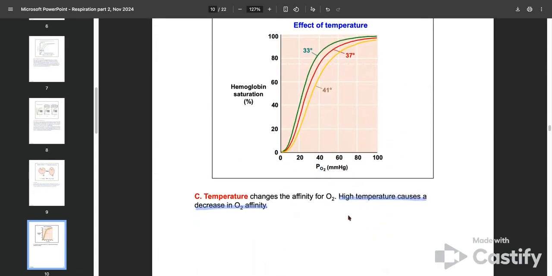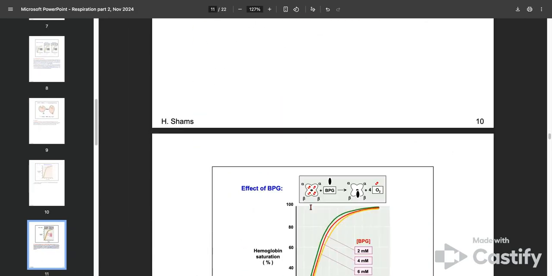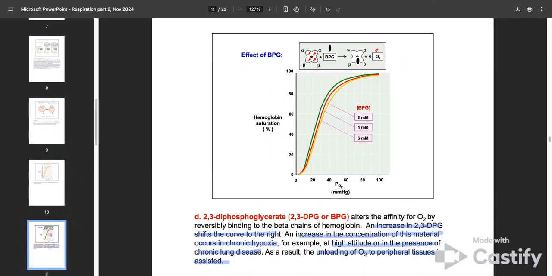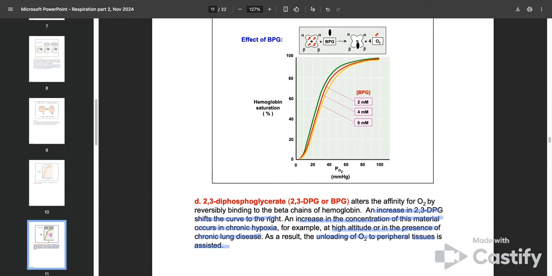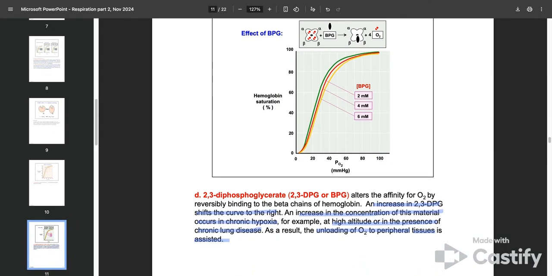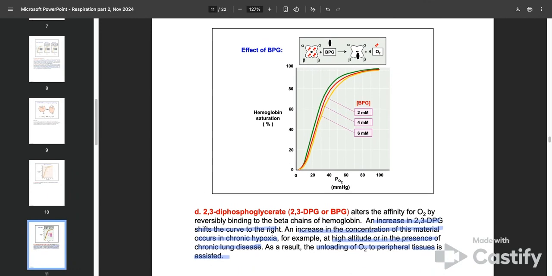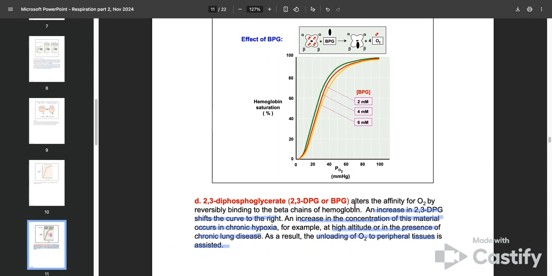Temperature also: when you have higher temperature, you're going to have a right shift. As you can see here, 41 degrees causes the right shift, 33 degrees causes the left shift. Just know that when you're exercising, with a lot of heat, you're going to release more oxygen. 2,3-diphosphoglycerate, or BPG, bisphosphoglycerate. By the way, di and bi are the same thing.